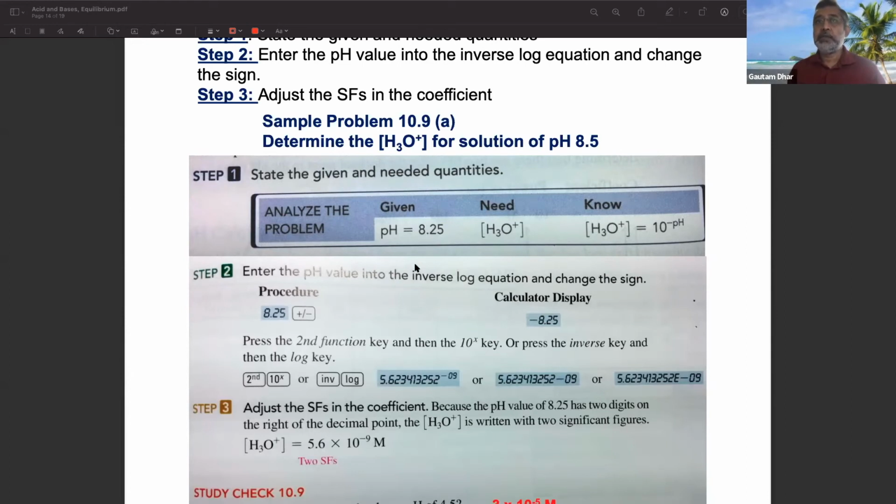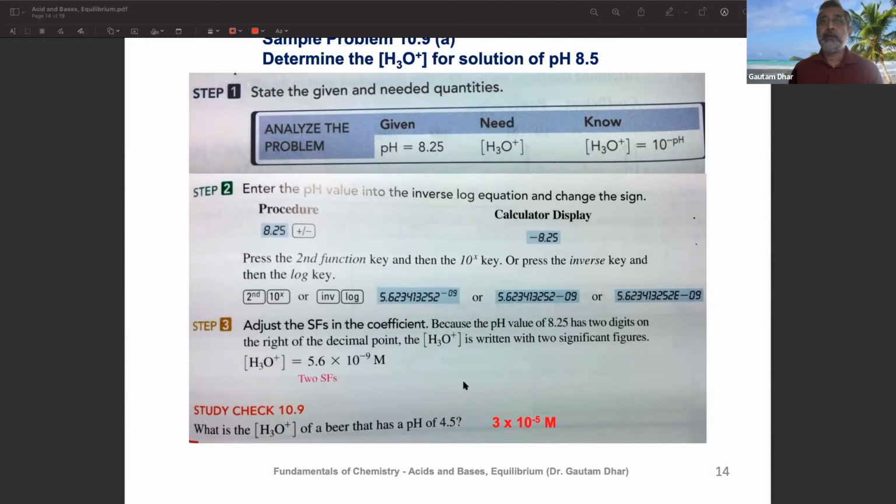Okay, so you just put 10 to the power minus 8.5 and hit equal to, but you cannot leave it like that. You have to write it in proper scientific notation, same as using the inverse log. So it's 8.25. There's a typo here. And this is 2 decimal places. So the answer must be in 2 significant figures.